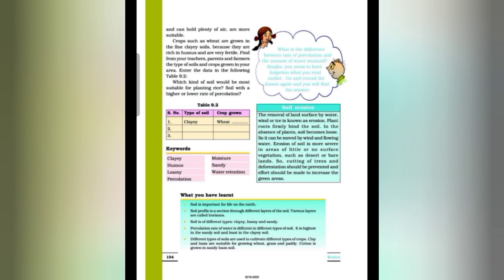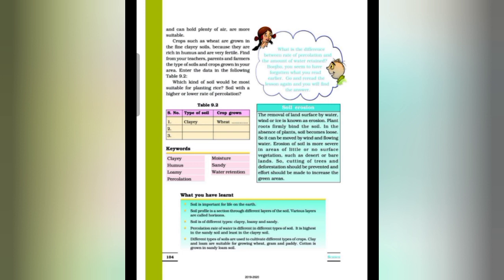Students, now we'll talk about a topic related to the soil, that is soil erosion. The removal of land surface by water, wind or ice is known as erosion. Plant roots firmly bind the soil.